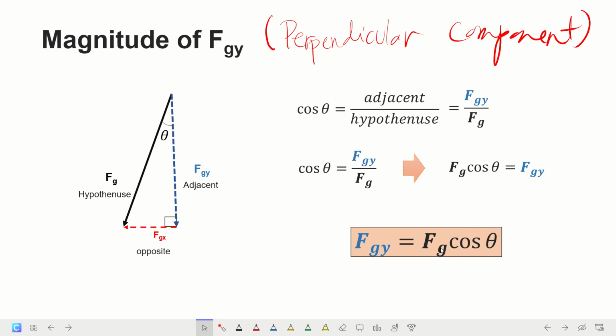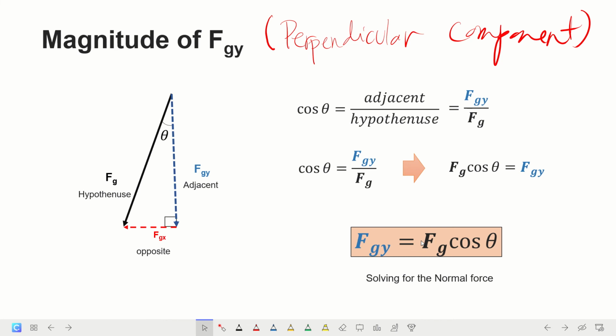This perpendicular component of the force due to gravity would help us solve for the normal force, because the normal force and this perpendicular component are opposite to each other and they are canceling each other. So they must be equal since that is the case, right? The object doesn't fly off the ramp.